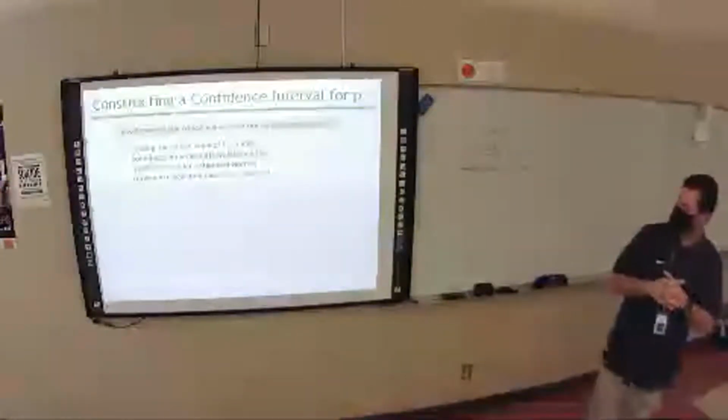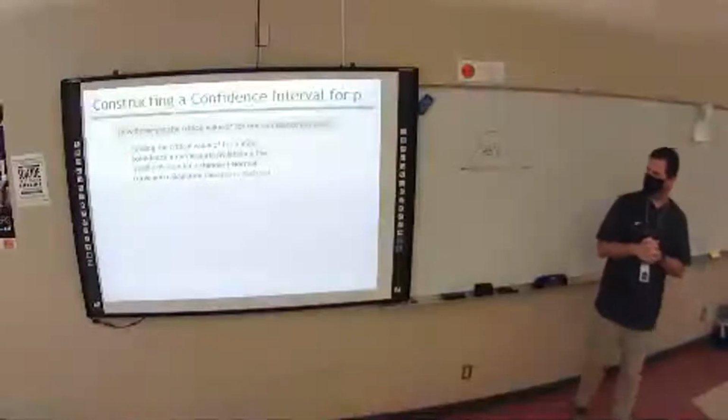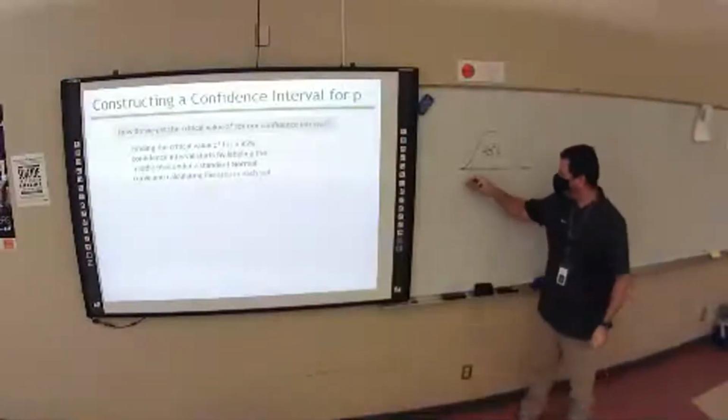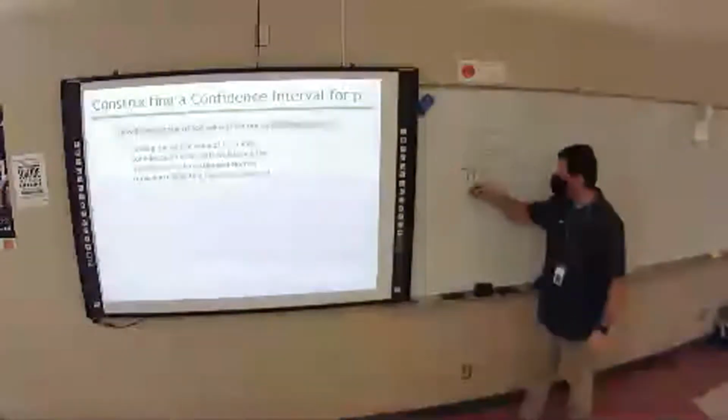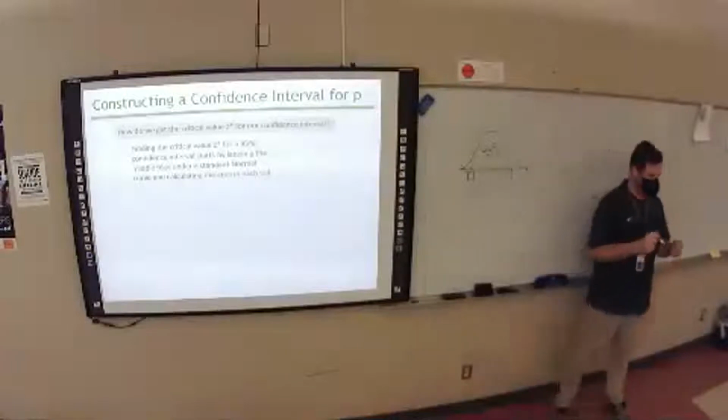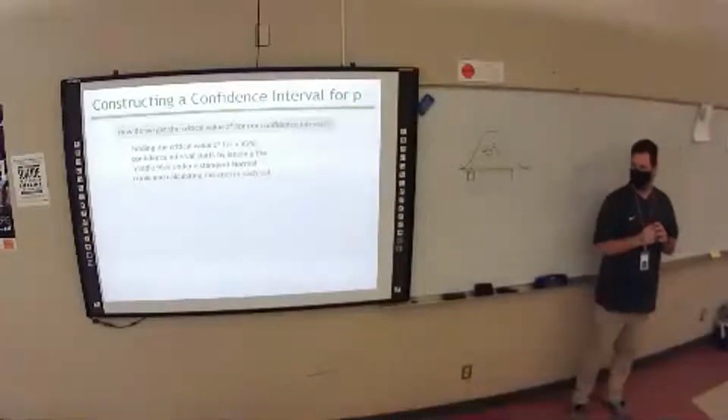Finding the critical value for a 95% confidence interval starts by labeling the middle 95%. I need this Z-score and that Z-score. I need both of those Z-scores.